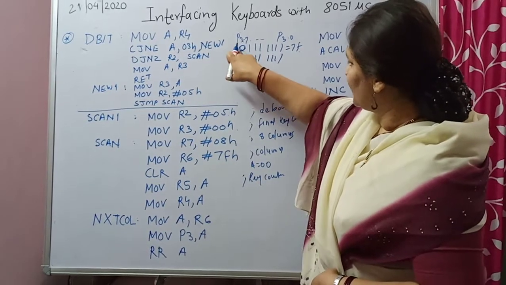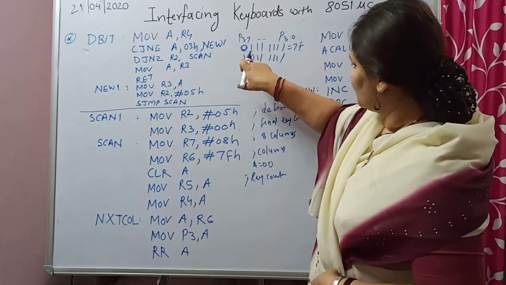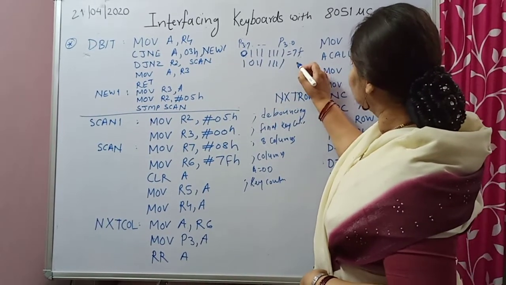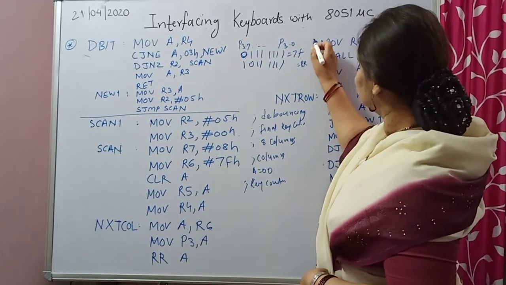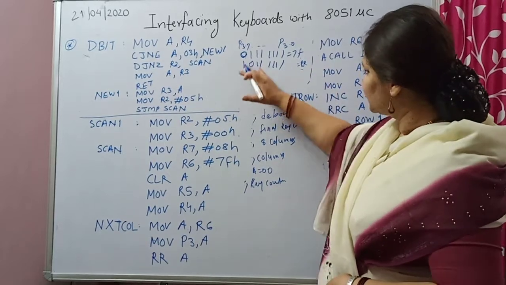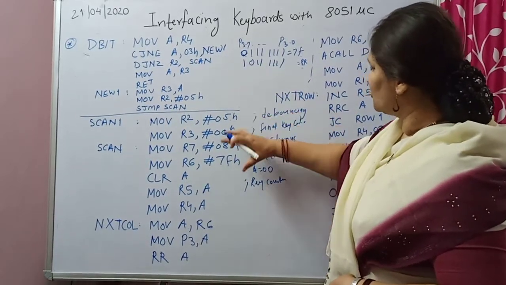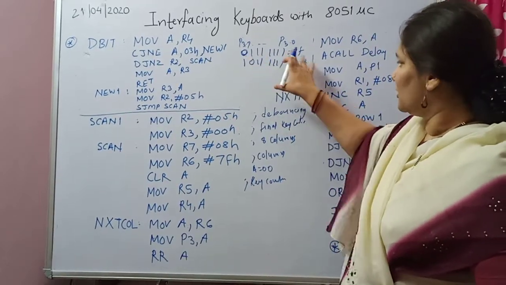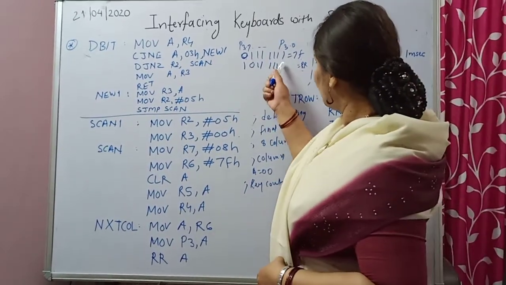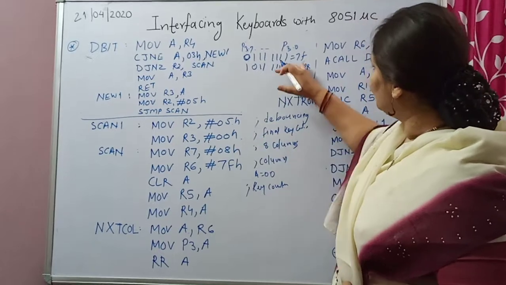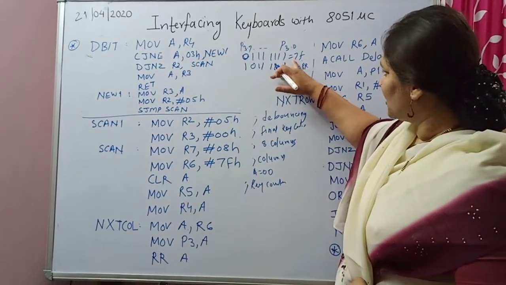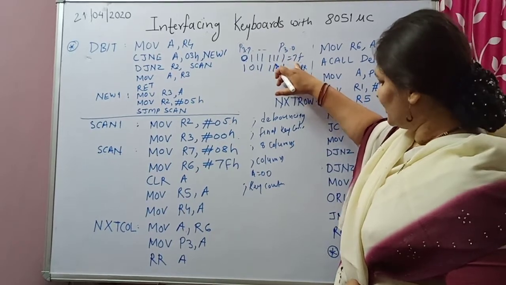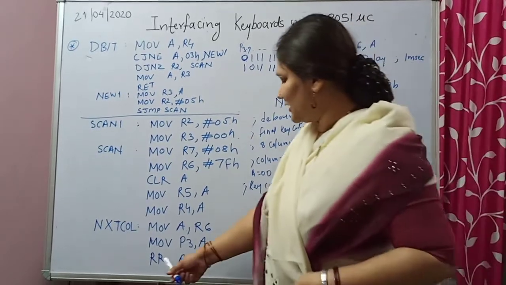Here column 7 was 0, now column 6 is 0 for the first rotate, and similarly for all subsequent rotates. There are 8 columns, so 8 times we have to rotate it right. So instead of giving different column activation numbers again and again, we are giving only one activation number, that is 7F, and rotating it right.